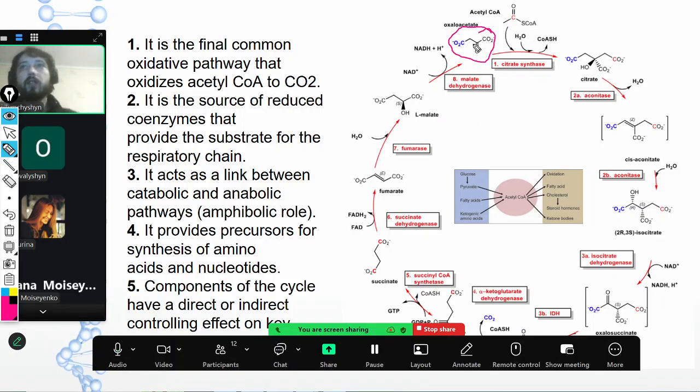So now this oxaloacetate can be once more reused in the cycle. So once more we use acetyl-CoA and go round and round and round. Good. I guess this needs some time to meditate.